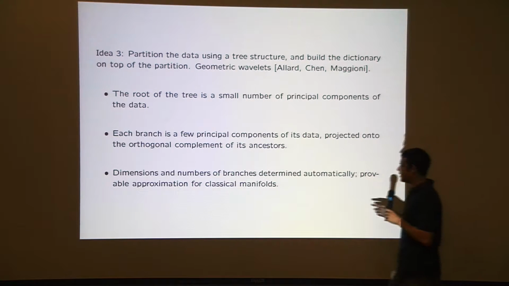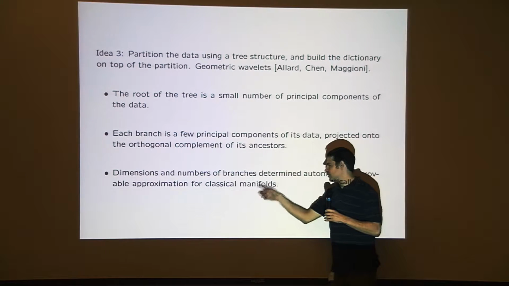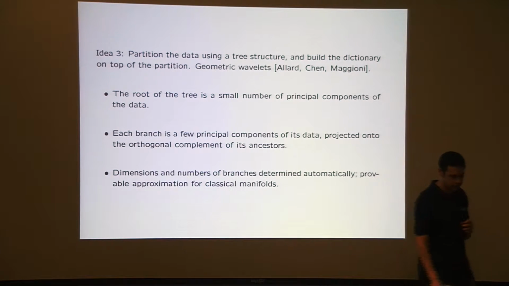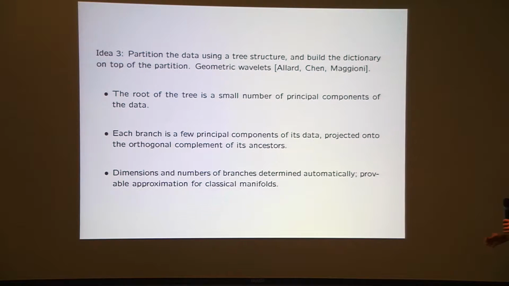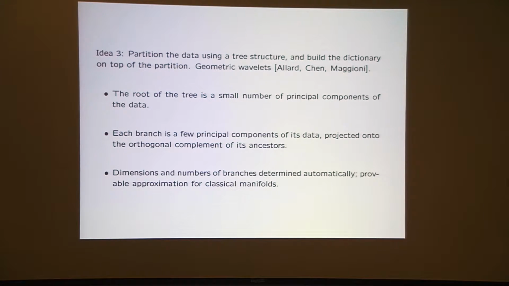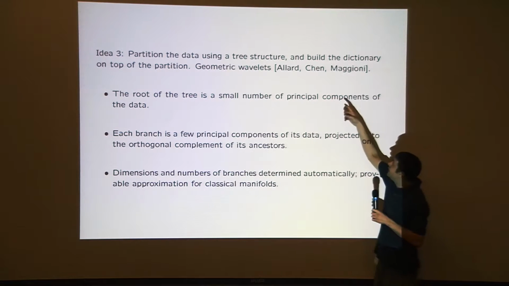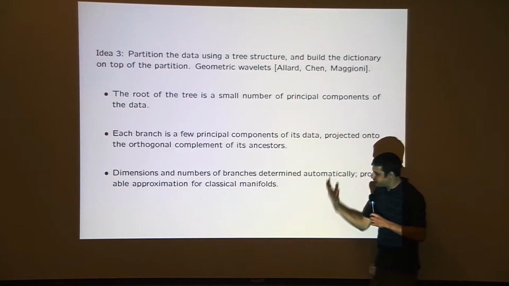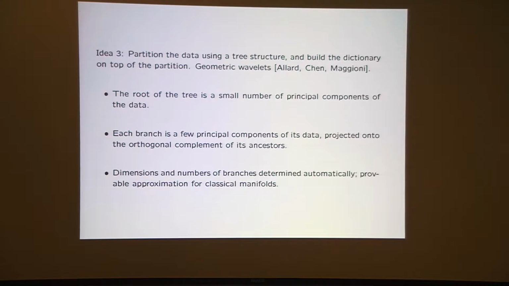But again, classical manifolds are not something you usually see in data analysis. But okay, so this is getting pretty cool, because if you can actually follow a point down the partition, then you should have a pretty fast algorithm.